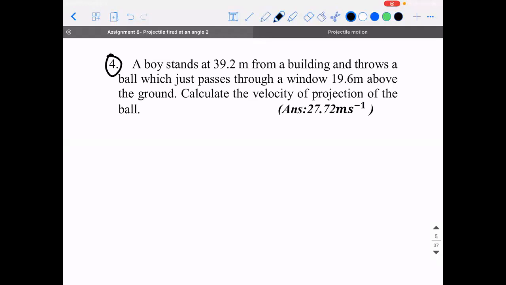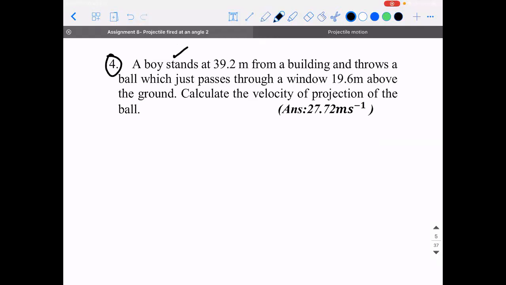So I think there is something missing in the question. There is a boy standing at a 39.2 meter distance from a building and throws a ball which just passes through a window at a height of 19.6 meters above the ground. Calculate the velocity of projection.